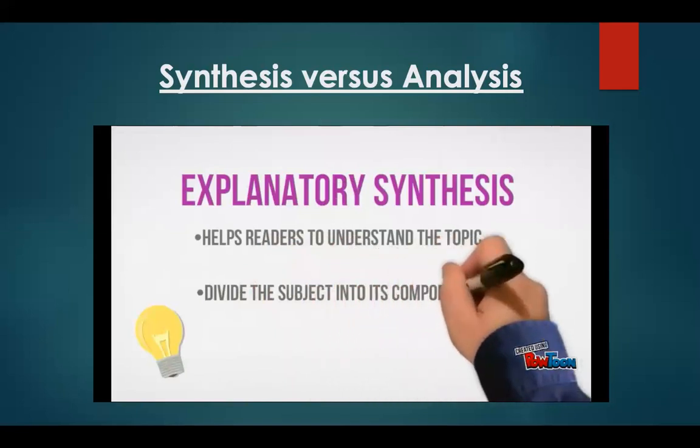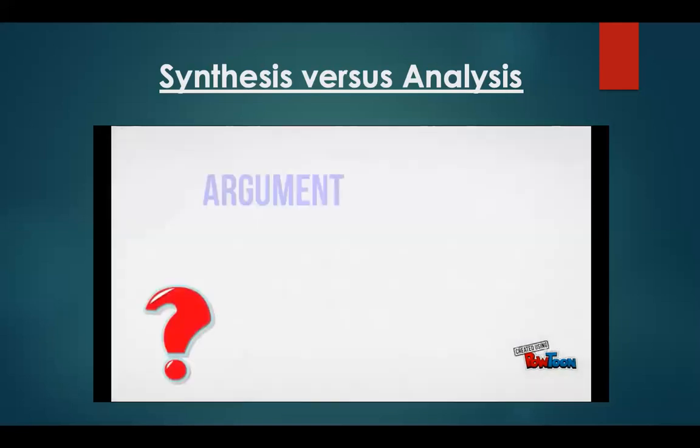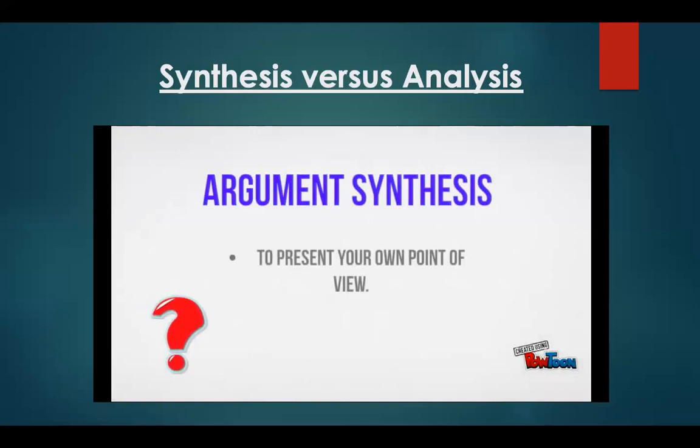An explanatory synthesis helps to understand the topic. It divides the subjects into its components, and it only tells you what's obvious as the reader. Next, we have an argument synthesis. This one is right to the point, and the main point of the argument is to present your own point of view to the readers.